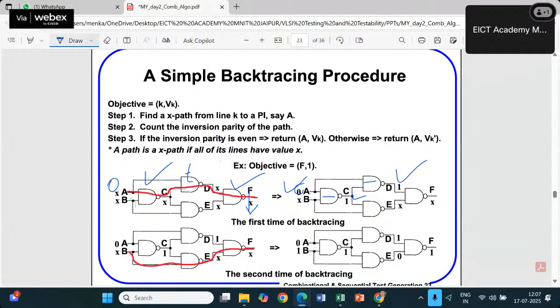Now we have to choose another path. Another path means you have to choose paths for all primary inputs. If there are n primary inputs, then for each one of them you have to choose a path. So now I'm going to choose for B. For B, what path can I choose? There are some X values.